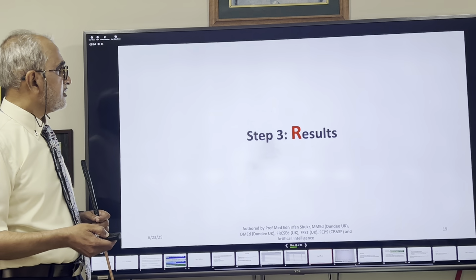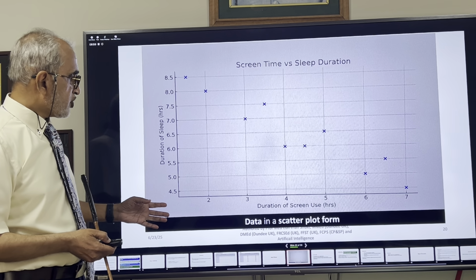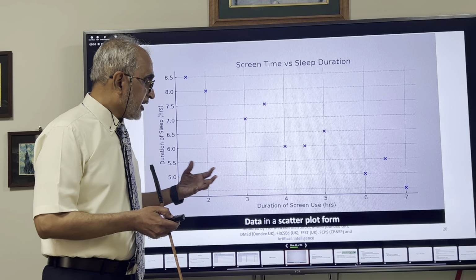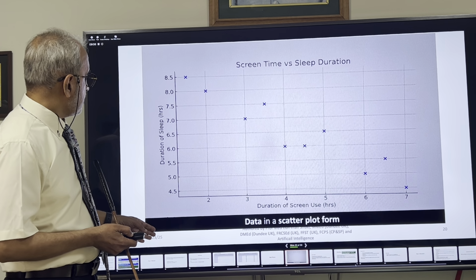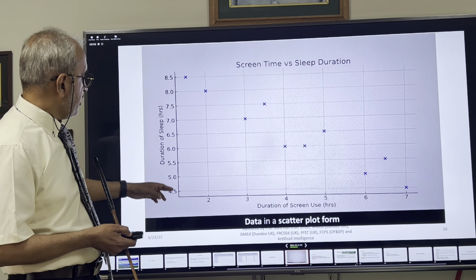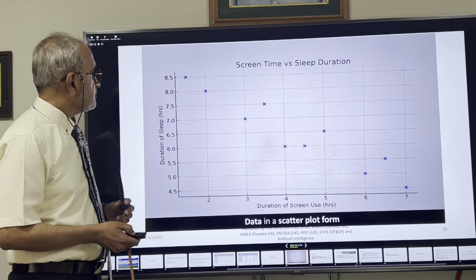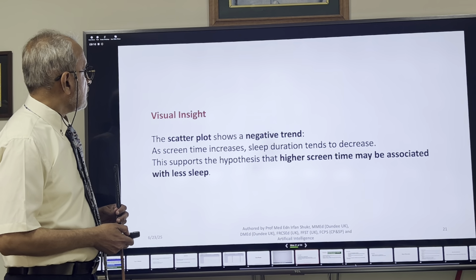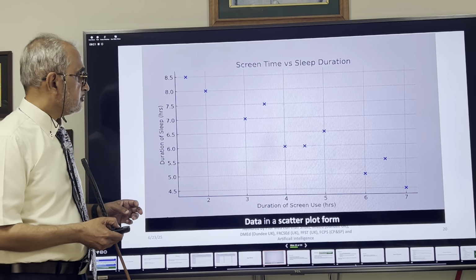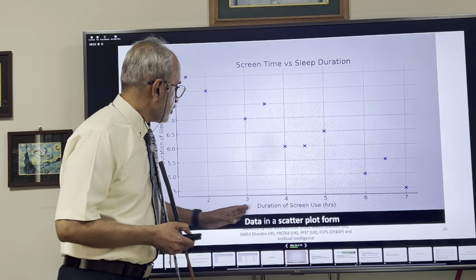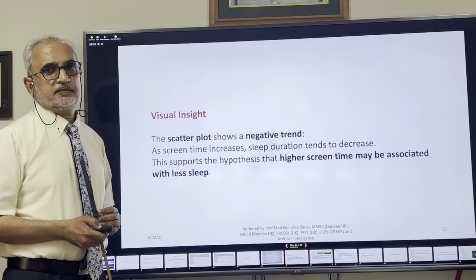Now to analyze it and get the results, I use the data to create a scatter plot. This is the scatter plot, in which one axis shows the duration of sleep and the second axis shows the duration of screen time. Now the visual insight in this plot, duration of screen use versus duration of sleep, is that the scatter plot shows a negative trend.